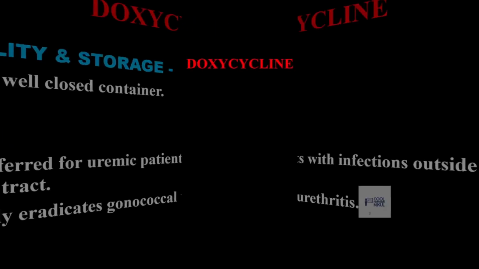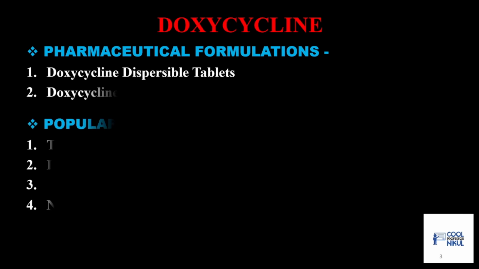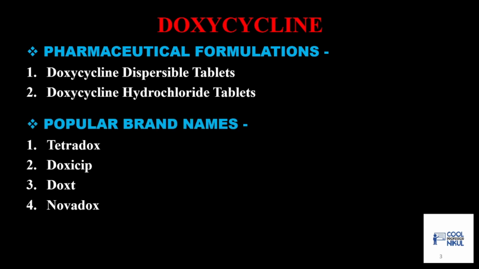The formulation in which the doxycycline is available is mainly tablets, that is dispersible tablets, and doxycycline hydrochloride tablets. Now the popular brand names of the doxycycline are mainly Tetradox, Doxycyp, Doxt, and Novadox.